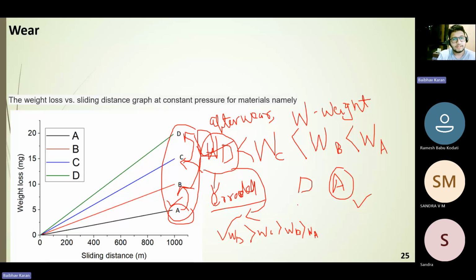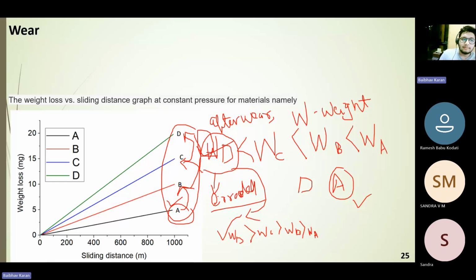And what do strength and hardness of the material depend on? The grain size, right? But you cannot say here that the materials have the same grain size. Why?